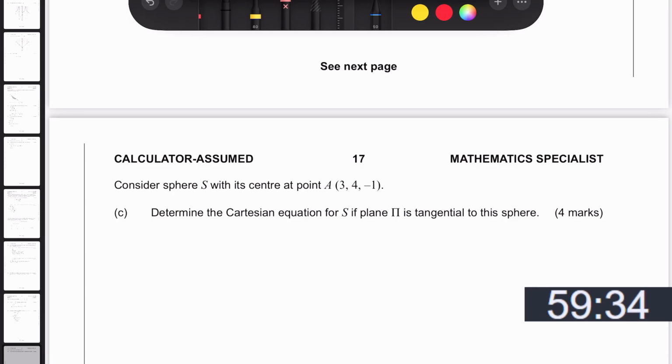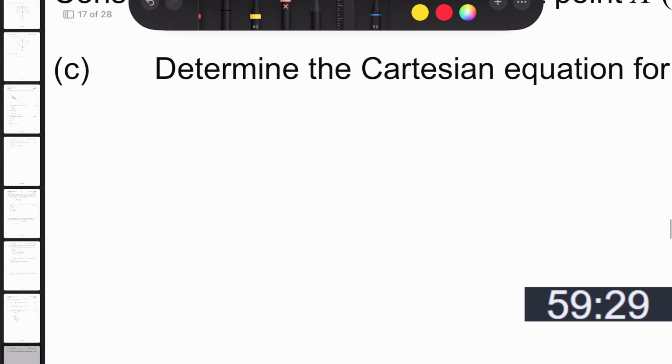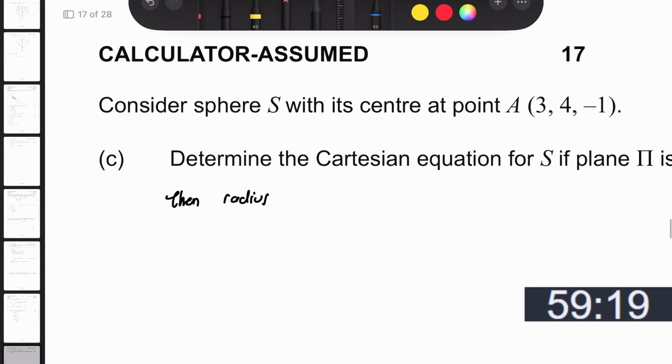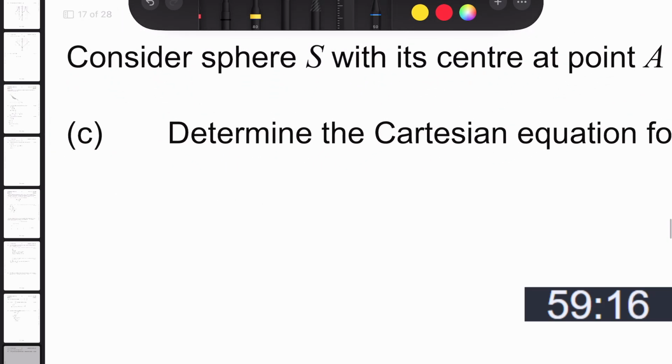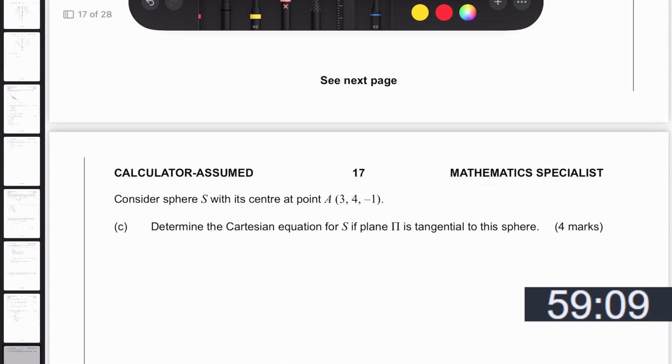So then, if the plane is tangential to the sphere, then the radius has... wait, no, let's do 11. Sphere radius is some.